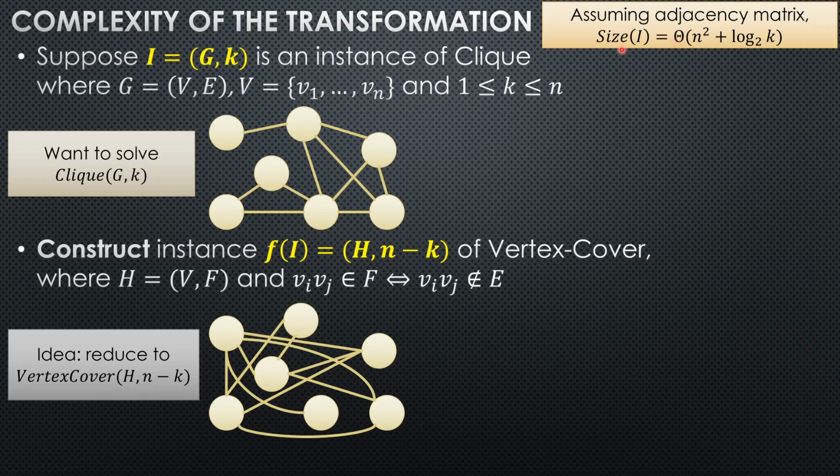Okay, so here we're going to assume an adjacency matrix, which means what's the size of this input, G comma k? Well, we can represent the graph really by just the adjacency matrix. Assume the vertices are labeled 1 to n, then the columns and rows of the adjacency matrix actually implicitly represent what the names of the vertices are, and the adjacency matrix itself is enough to encode the entire graph, and the adjacency matrix size is going to be order n squared if there are n nodes.